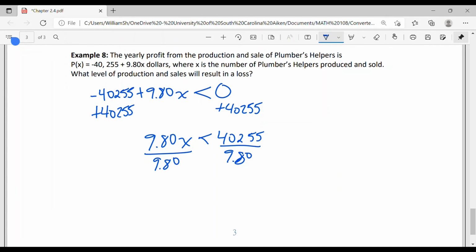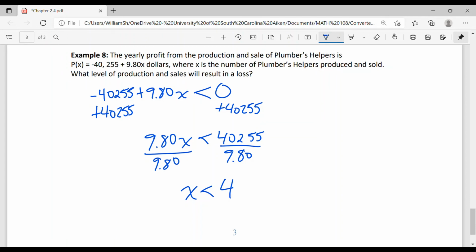It's an ugly 8, isn't it? Alright, and that's going to give us, do a quick division on my calculator, x is less than 4,107.65.